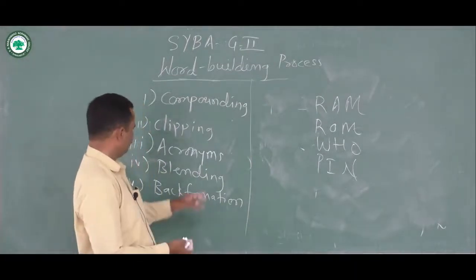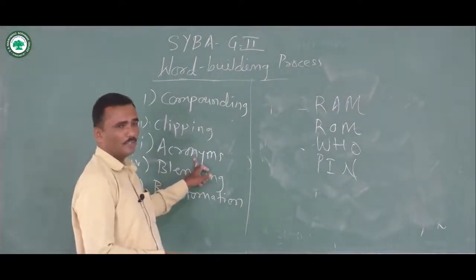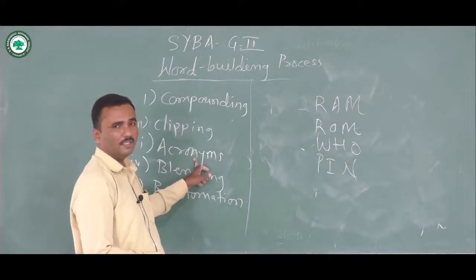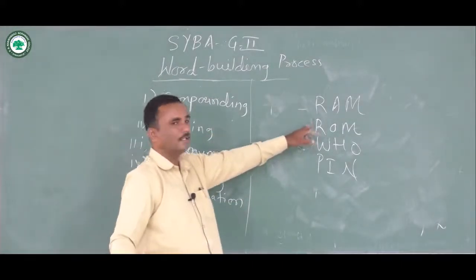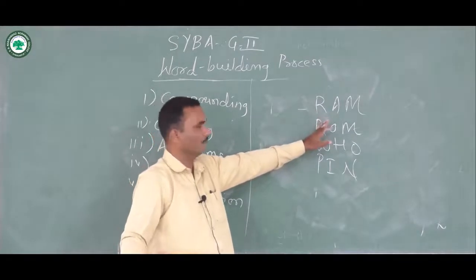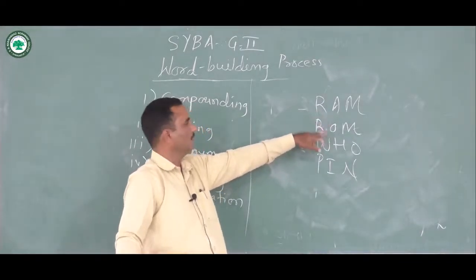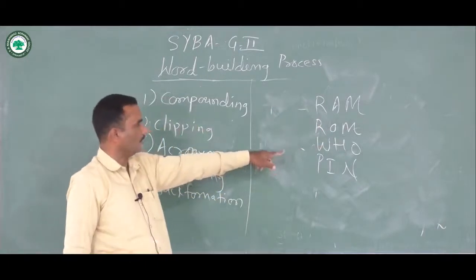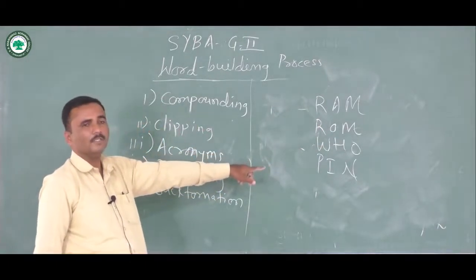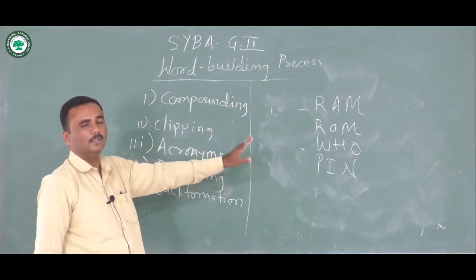So this process of word formation, where initial sounds or initial letters are taken and new words are formed and considered complete words, is called acronyms. That is RAM, ROM, WHO, then PIN, then words like ATM, then UNESCO.